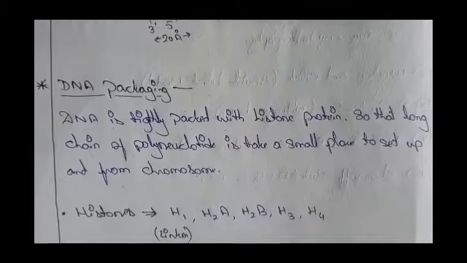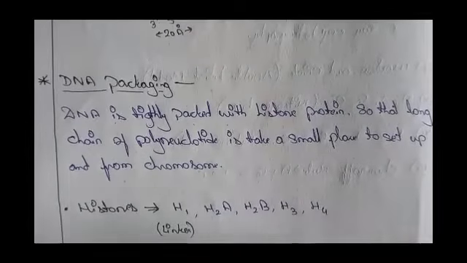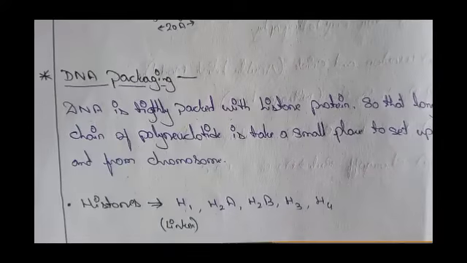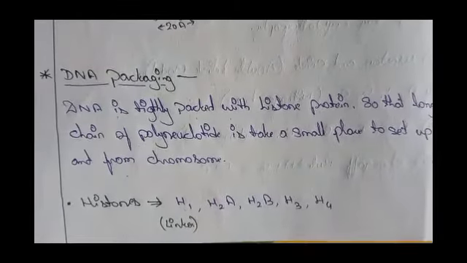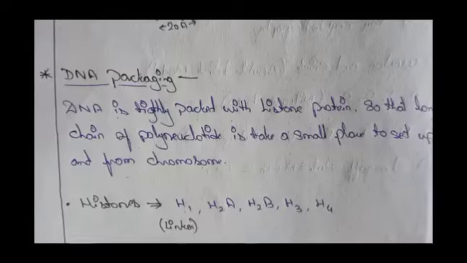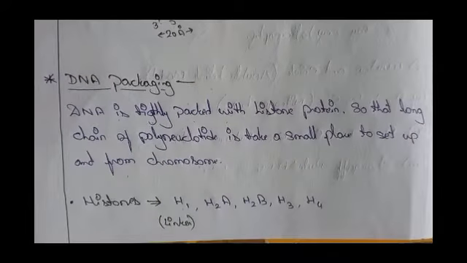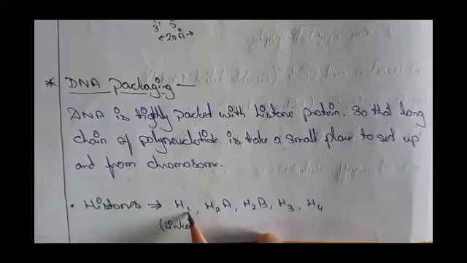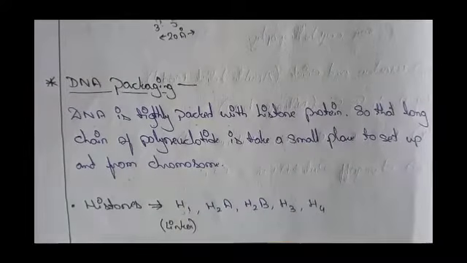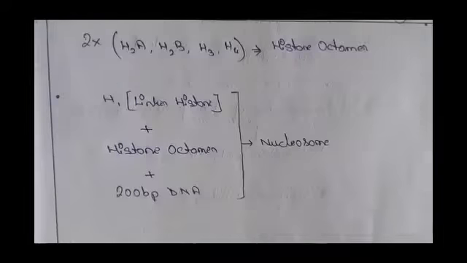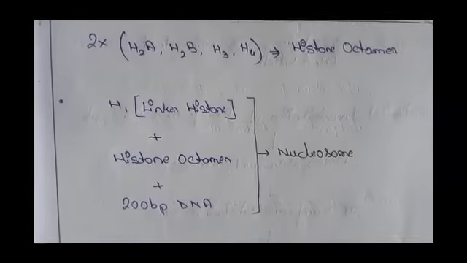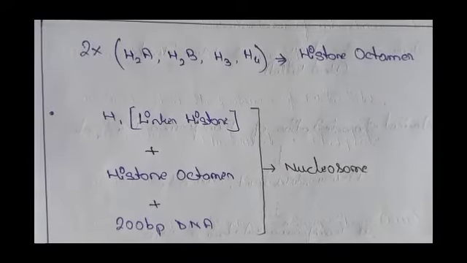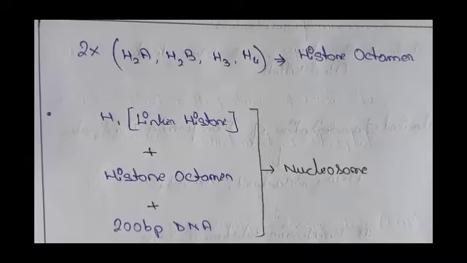Okay, so histone proteins are of 5 types. The H1 histone protein we call the linker protein, meaning the strand of DNA is linked with the histone 1 protein first. The histone proteins are arranged in a cube shape.